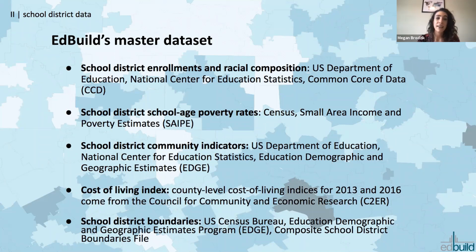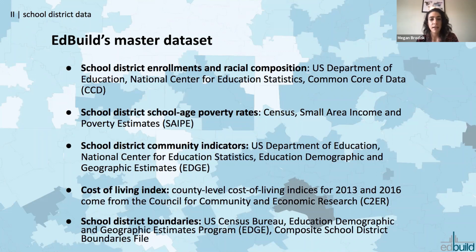Our next data set is SAPE, the Small Area Income and Poverty Estimates. This is where we get school age poverty rates, the number of students living in poverty. Our school district community indicators come from EDGE. We use median household income and median property value, as Cecilia showed in dividing lines briefly. And then we also cost adjust.